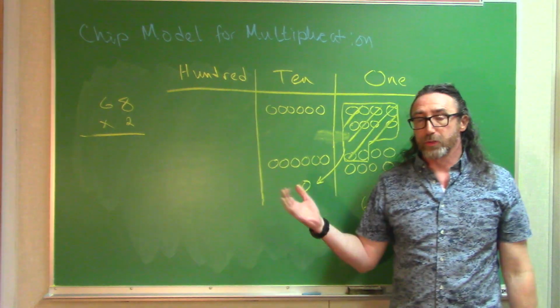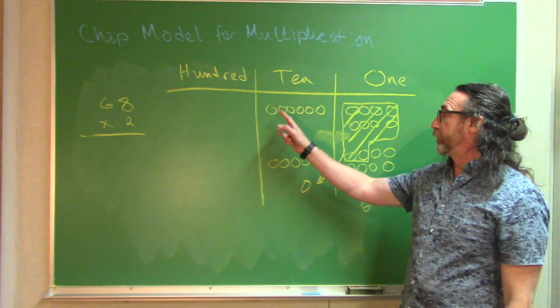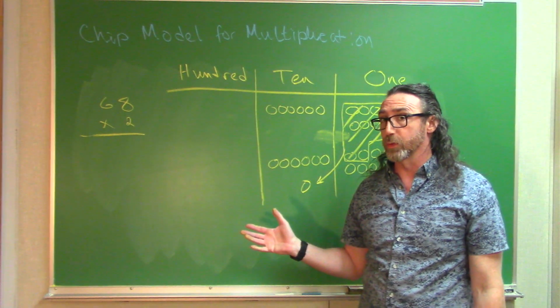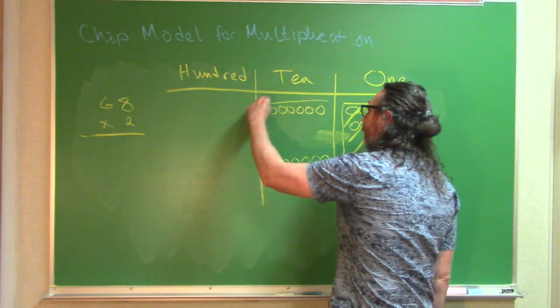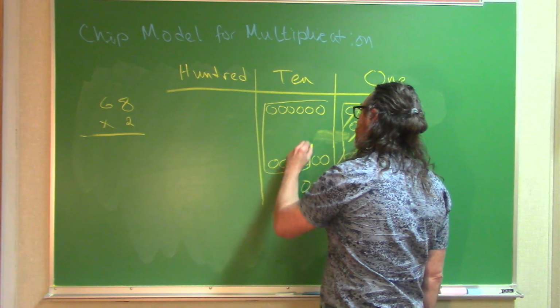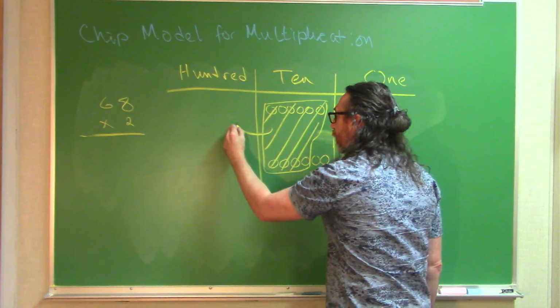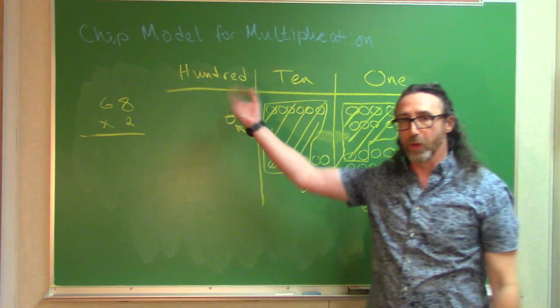Now we turn our attention to the tens tray. Alright? And we can see I've got 6, 12, 13. Once again, no good. I can have a maximum of 9. So what I'll do is I will take 10 of these. These are gone. We trade them in for 1 chip over here in the next column over. In this case, the hundreds.